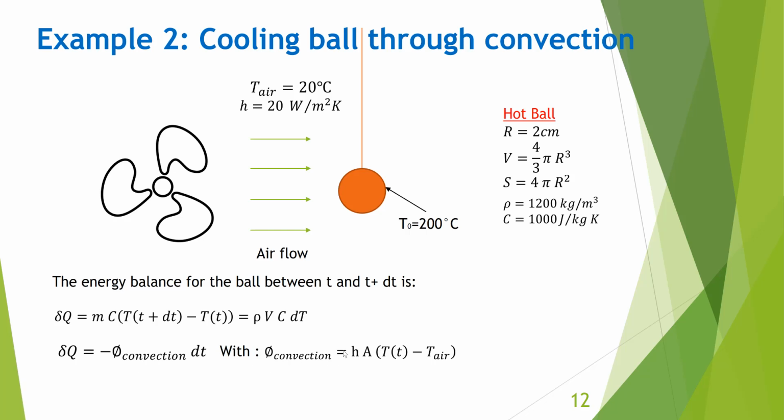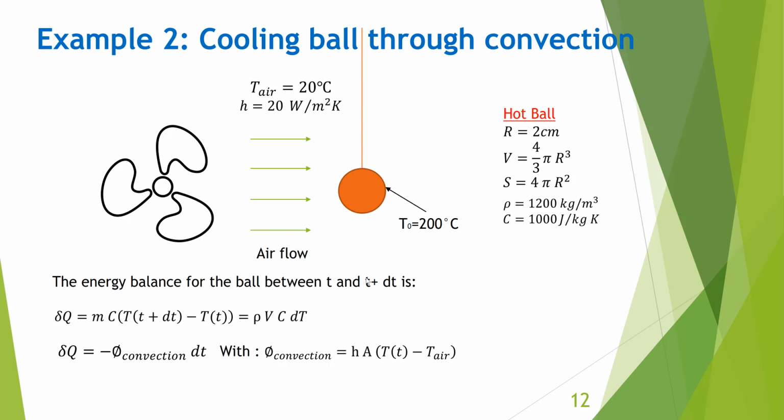So the flow of convection is equal to h, which is the coefficient of convection between the air and the heated ball, A, the surface of the ball, which is 4 pi R squared, and the temperature of the ball at time t minus Ta. We suppose in this exercise, as in the radiation exercise, that the whole ball has a homogeneous temperature T, which is a good approximation if the ball is small.